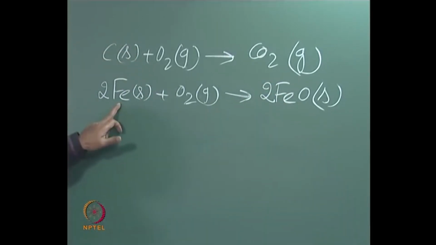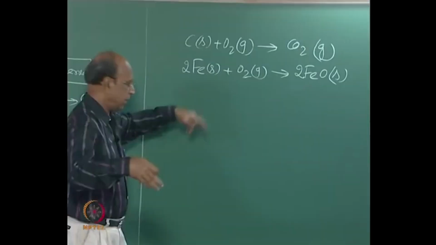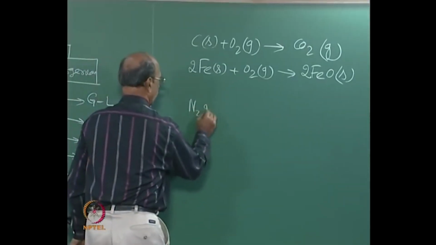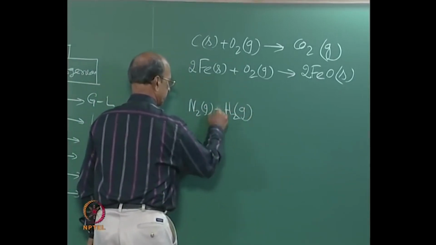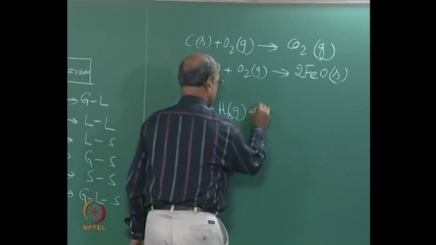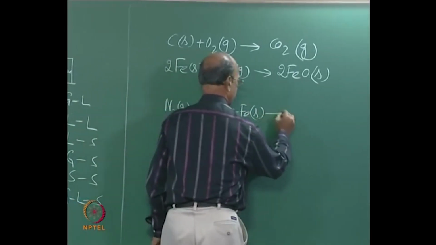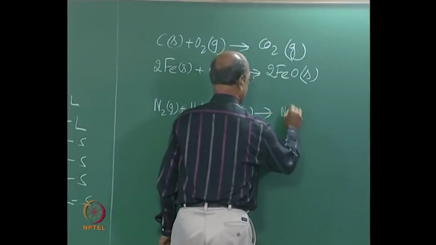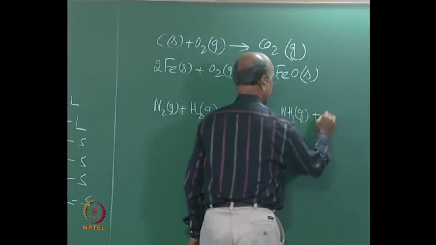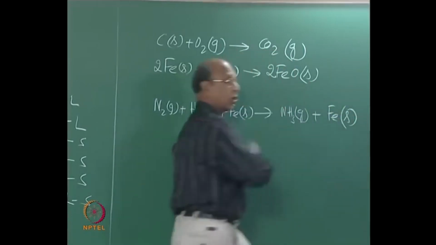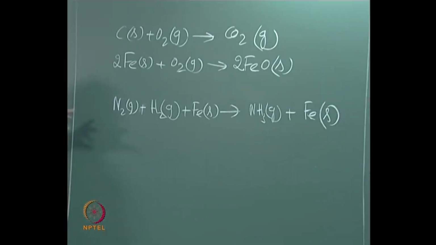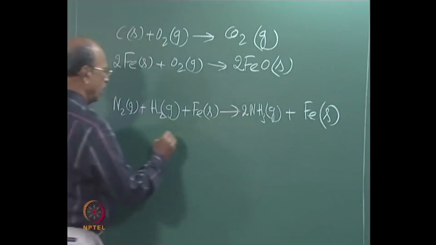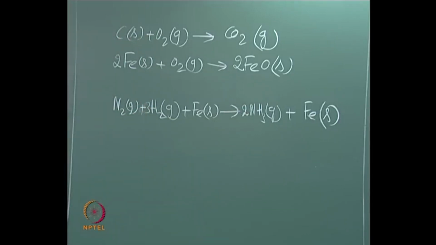And now the same Fe I can also use in another reaction. For example, N2 gas plus H2 gas, plus Fe solid, giving us NH3 gas plus Fe solid. Now I have to balance this one. This is 2, this is 2, this is 3. What is the difference between this and this?